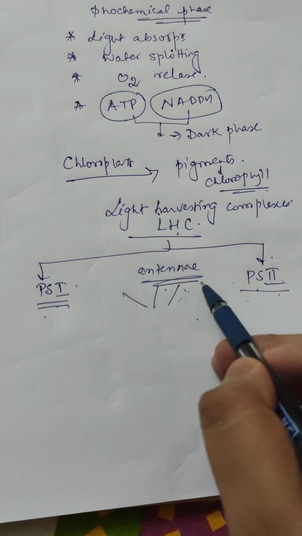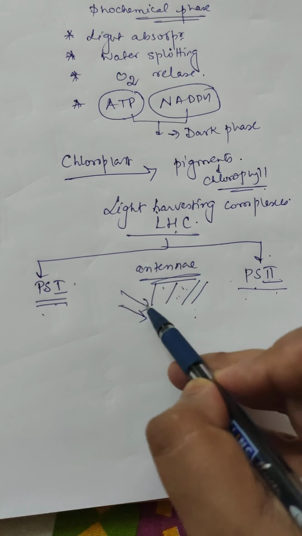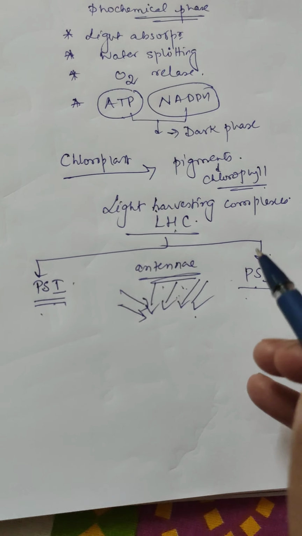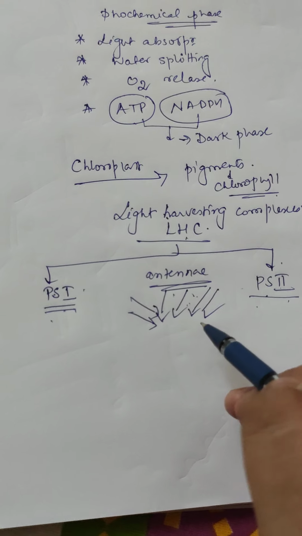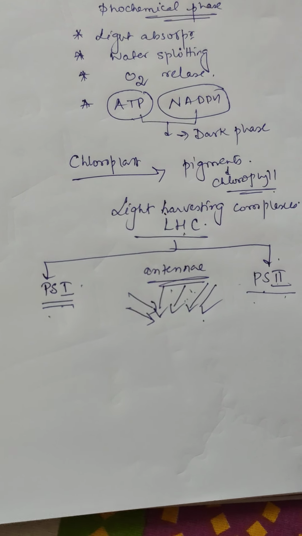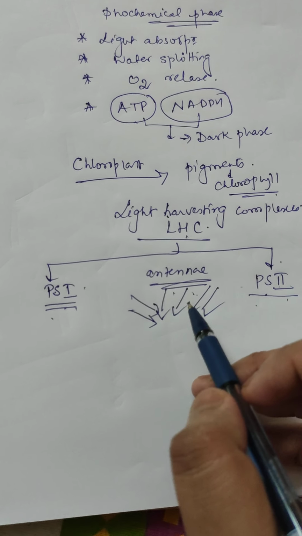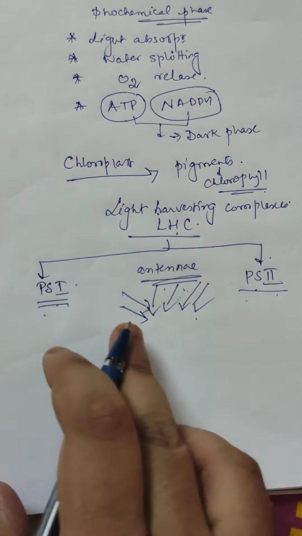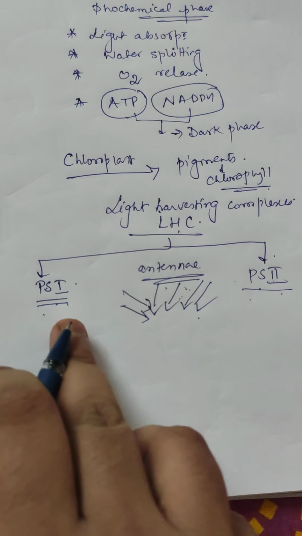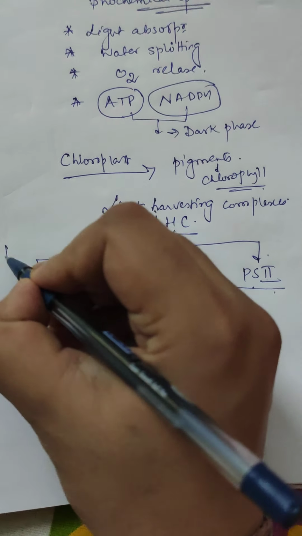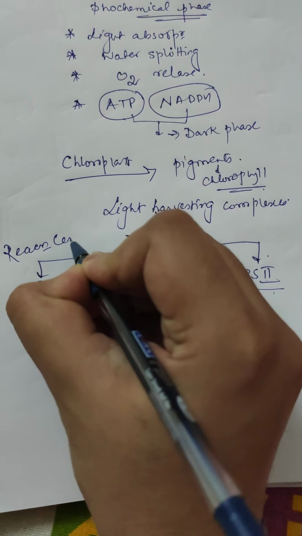So all of these antenna pigments cluster the different wavelengths of light and sequester them to these photosystems, to the reaction center. A single chlorophyll A molecule forms the reaction center.